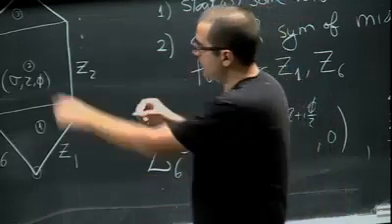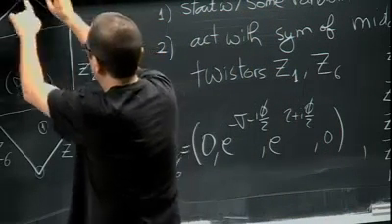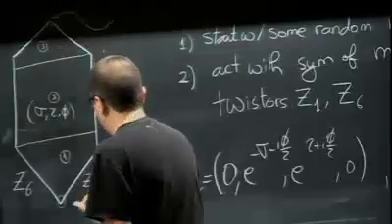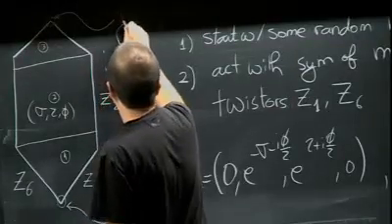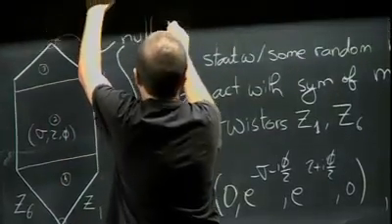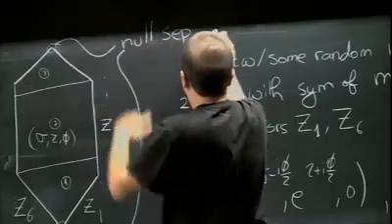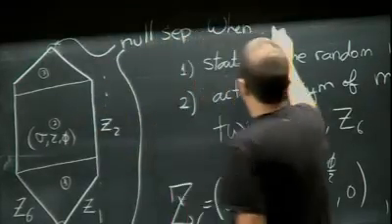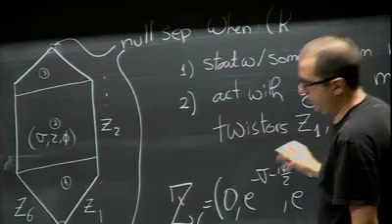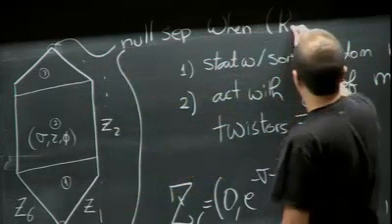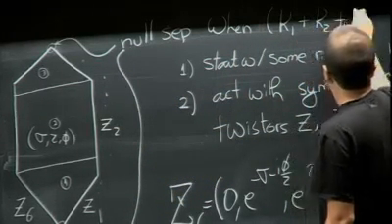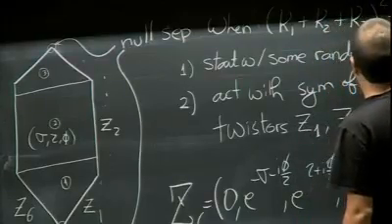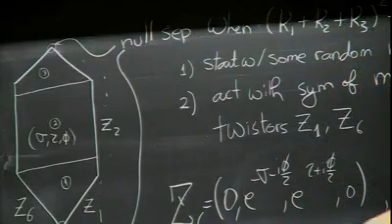Right? So this happens when k1, k2, k3, when k1 plus k2 plus k3 squared is going to 0. So these are exactly these factorization points that Freddy was discussing.